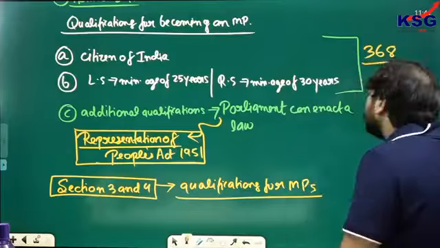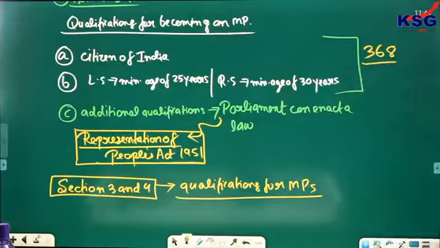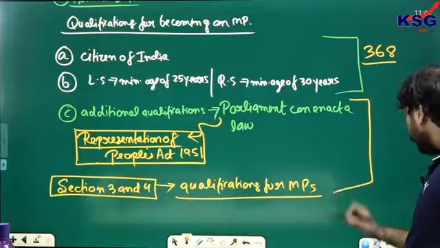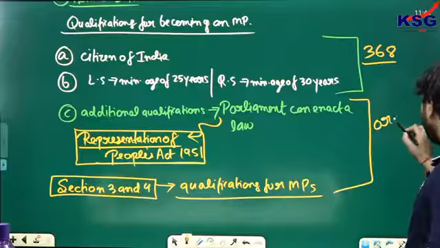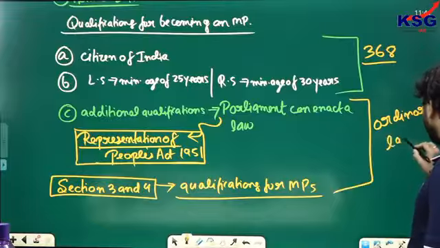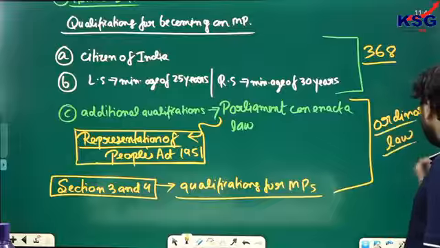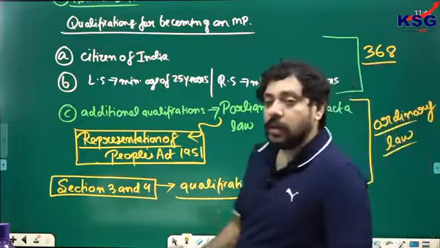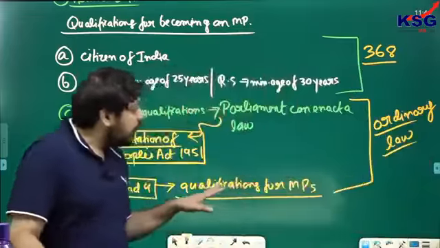The procedure under Article 368 has to be followed if you have to amend the minimum age of a person who's contesting elections from the Lok Sabha or the Rajya Sabha, right? But if the provisions of the RPA have to be amended, they can be done by an ordinary law, using the power of the parliament under Article 246, by a simple or a special majority as prescribed, right?